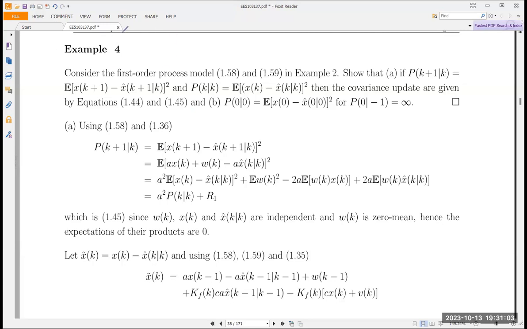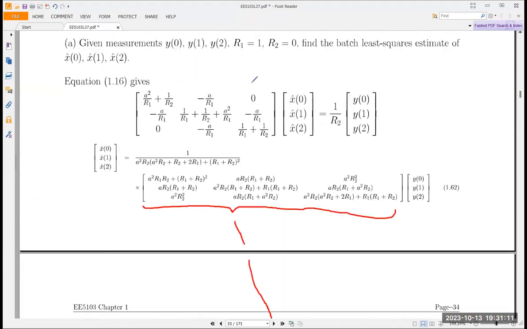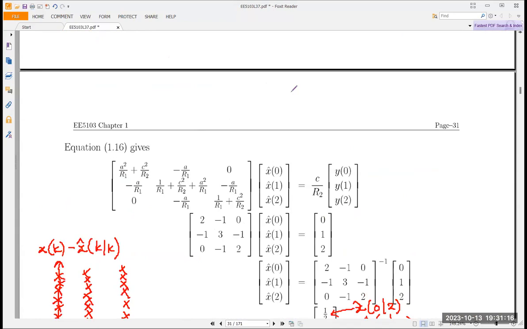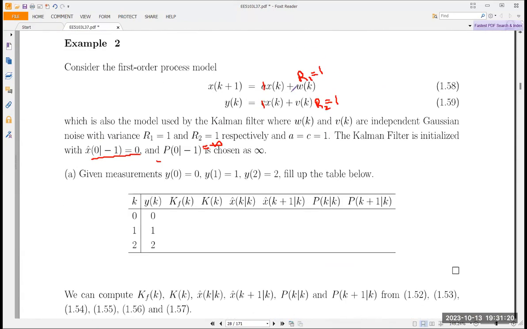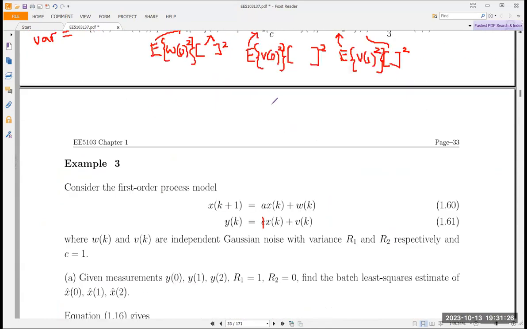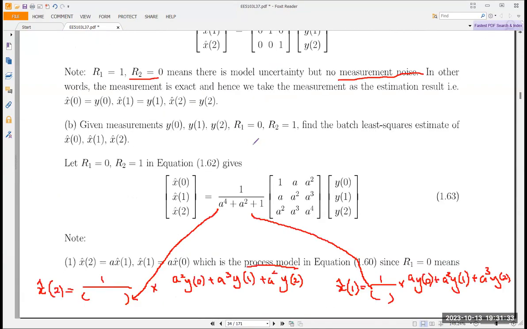Okay, so now again it is a first order process, equation 58, 59. It is the simple standard model.